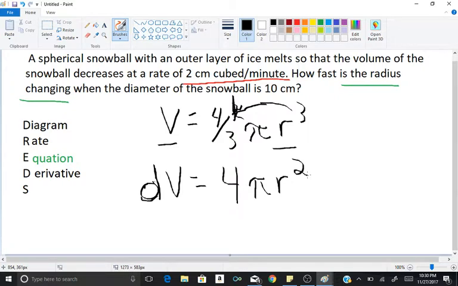So again, just regular power rule there. And since we took the derivative of r, we have to add dr, the rate at which the radius is changing. So again, reiterating, the derivative of volume is dV, power rule gives 4 pi r squared, and then we include the rate at which the radius is changing, dr. That's our derivative right there. Make sure you get that down because I'm going to have to erase all of this.